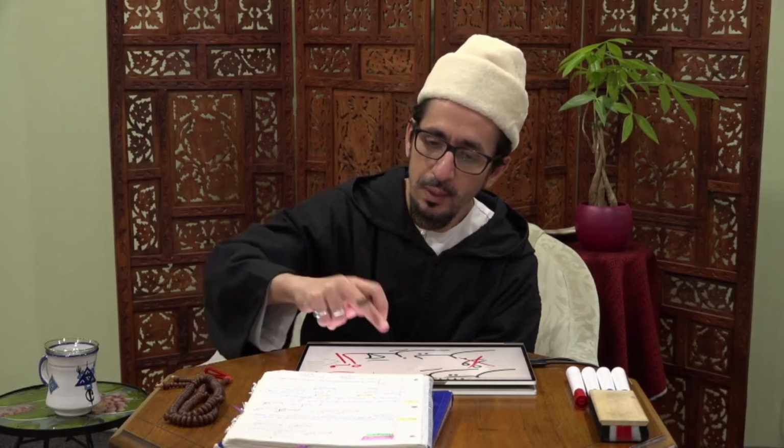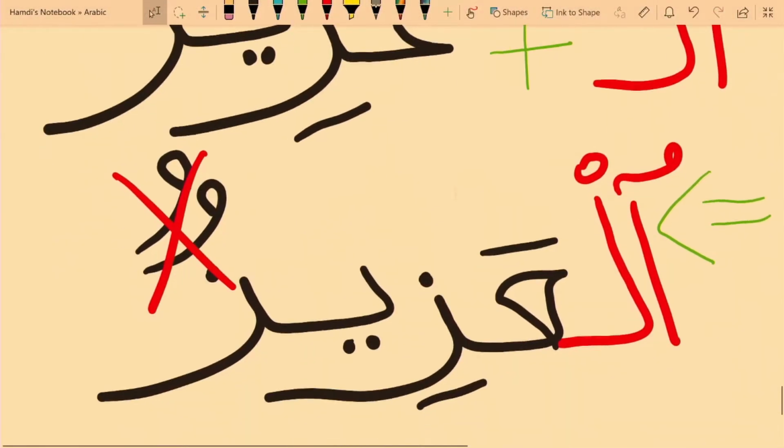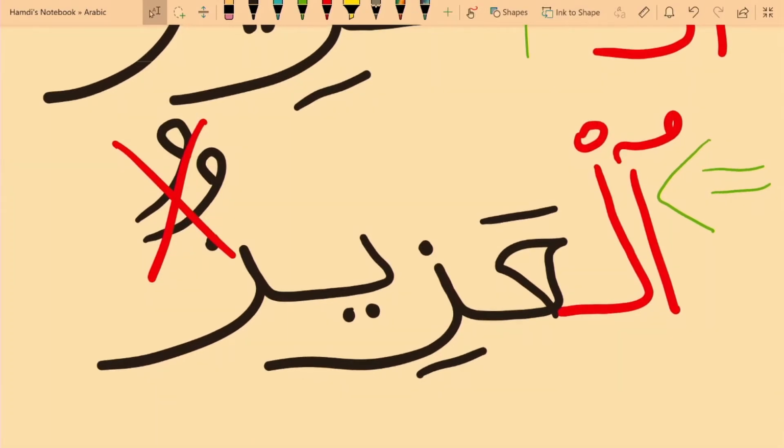Either the double movement at the end of the noun, which stands for saying that the noun is indefinite, or al in the beginning of the noun. So if I give you al plus azizun, the result should be al azizu.